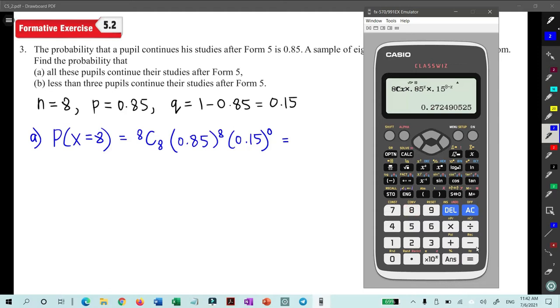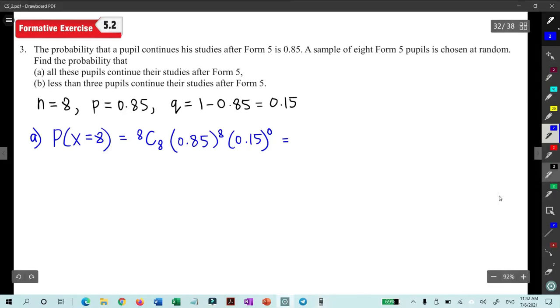Okay, and we have to round the value that we get from the calculator correct to 4 decimal places. So the value is going to be 0.2725. Okay, let's move to the second part.